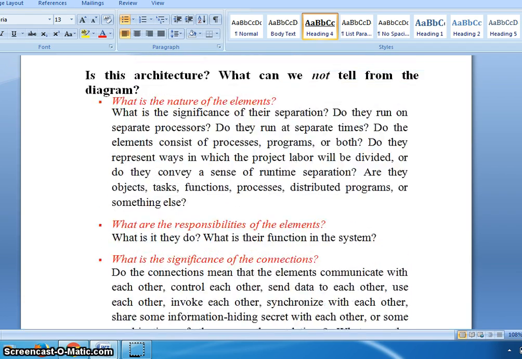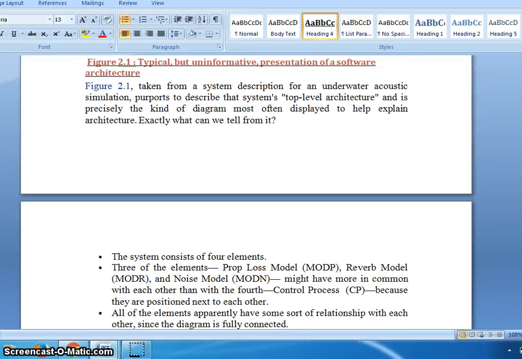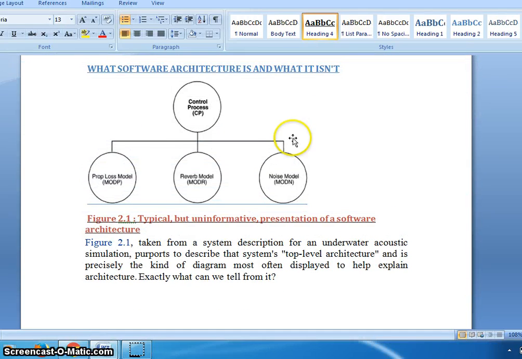There is an interrelation between the elements, but how they actually behave during that relation, whether they exchange information with each other, or execute the program synchronously or asynchronously, or hide some secret and share the remaining information. Like this, there is a lot of information we cannot predict from this single diagram.